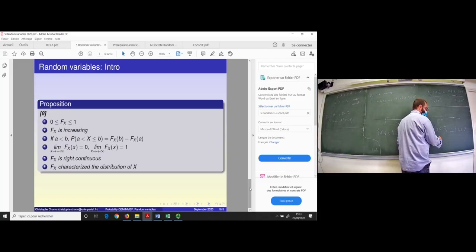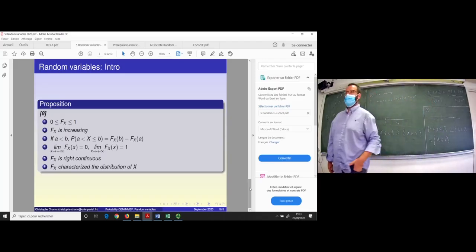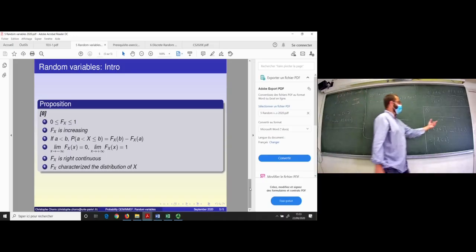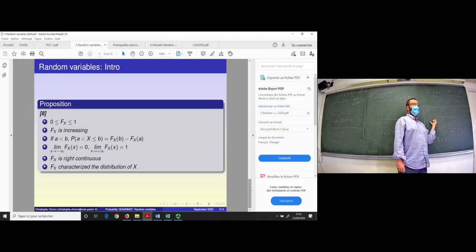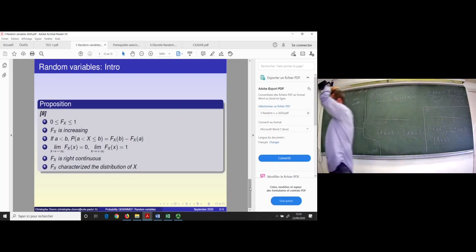It is the set where X is less than or equal to B. Just say that if I am less than B, there are two possibilities: I am here or I am here. I am less than A in the large sense, or I am less than B and strictly greater than A. Okay, basic relation. And now I can take the probability.